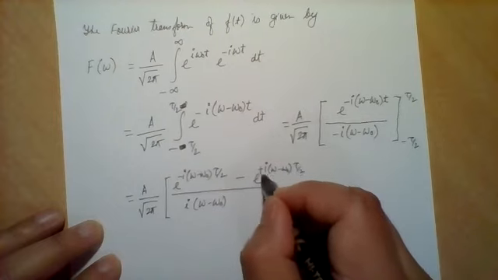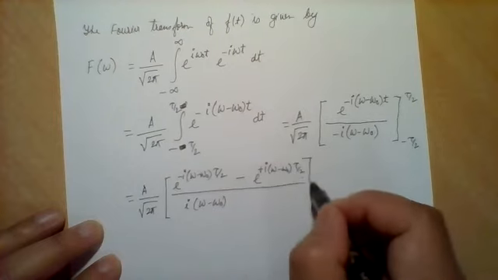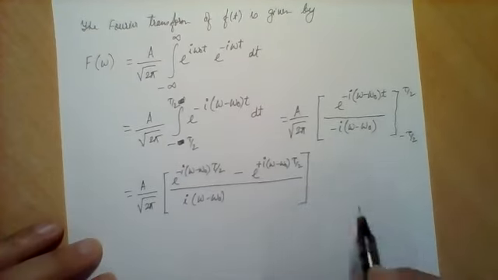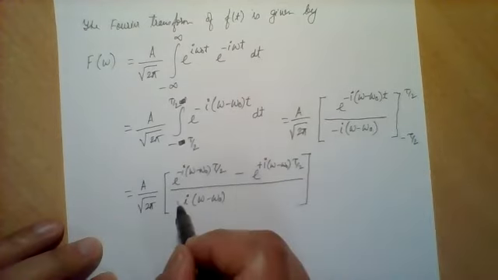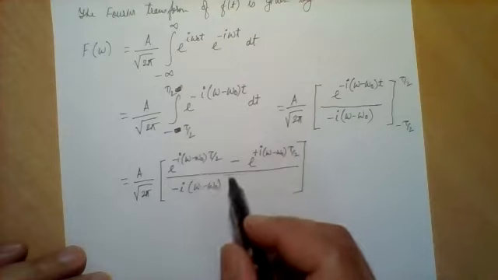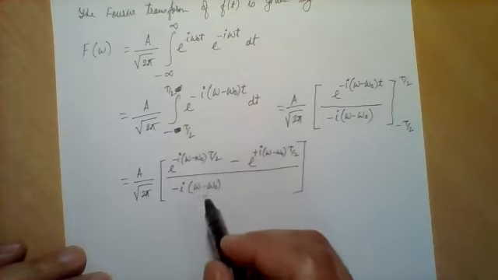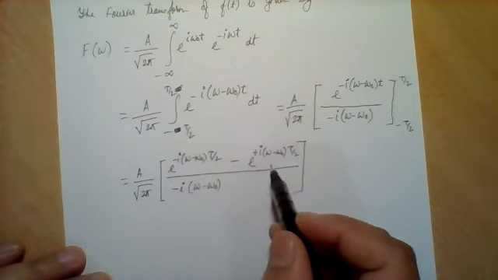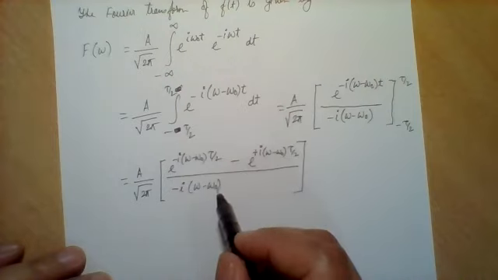That minus and minus will cancel, this will become plus. Now, if you look at this closely, this is nothing but 2 times sine of (omega minus omega naught) tau by 2 divided by omega minus omega naught.